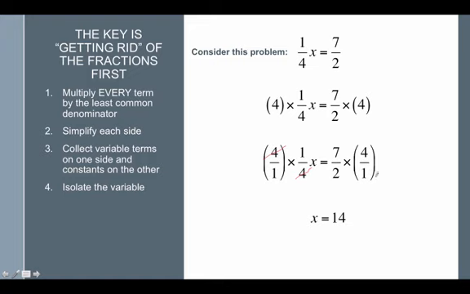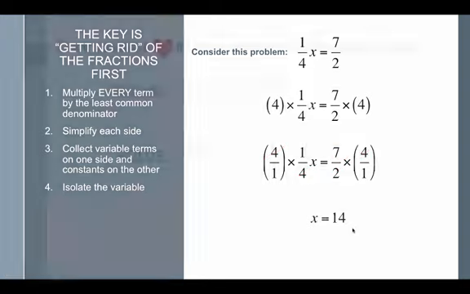What about over here on the right? 2 goes into itself one time. 2 goes into 4 two times. So what does that leave me? Since everything canceled over here, that leaves me just the x. Over here on the right, I have the 7 and this 2, and I'm multiplying them, so I get 7 times 2, or 14. And so that is my final answer.